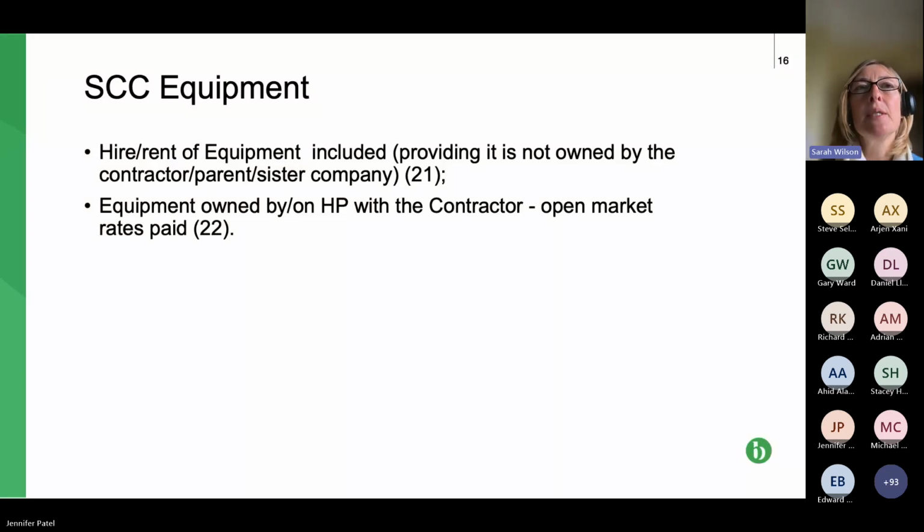So the second bullet point deals with that. Equipment owned by or an HP with the contractor's parent or sister company is costed at open market rates. So yeah, that's, I think, fairly self-explanatory. So the next slide, please.